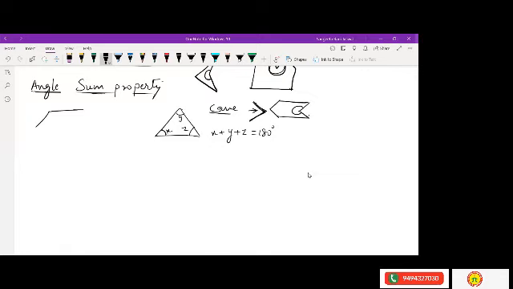Yes, Lasya? Yes, ma'am. If we have, suppose, this figure, a quadrilateral here, and we take the sum of each angle, X, Y, Z, W, this will all be 360 degrees.